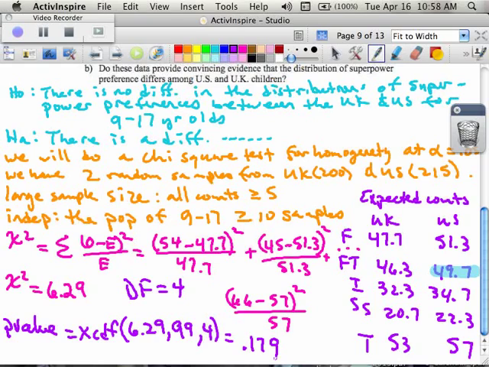So we say our sampling results, or one more extreme, would occur 17.9% of the time if H0 were true.